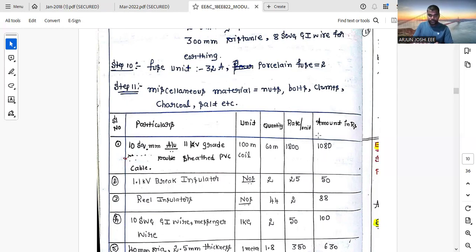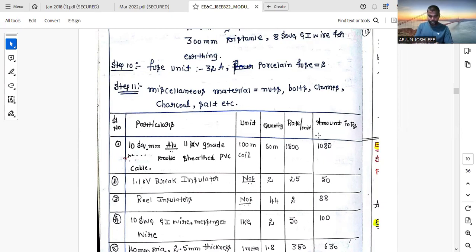Sorry, cross multiplication. One minute. 100 meter is equal to 1800 rupees. We require only 60 meters.